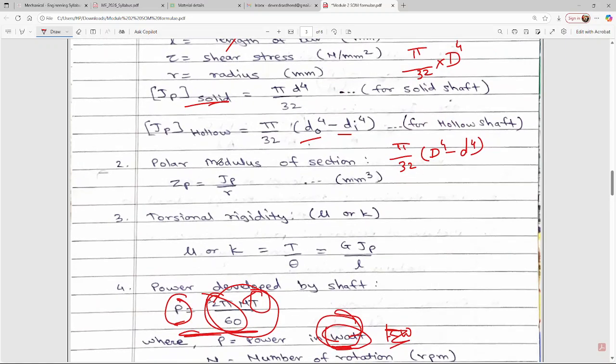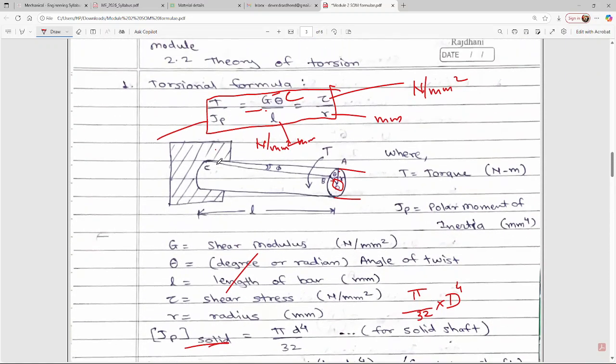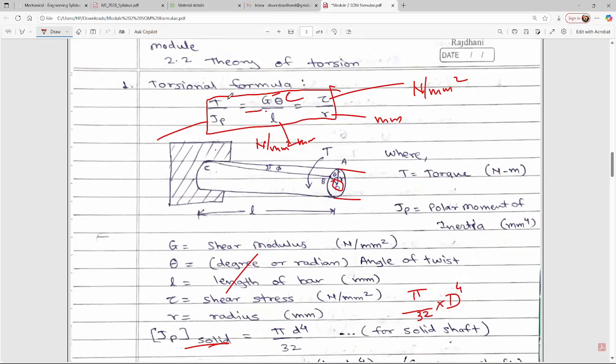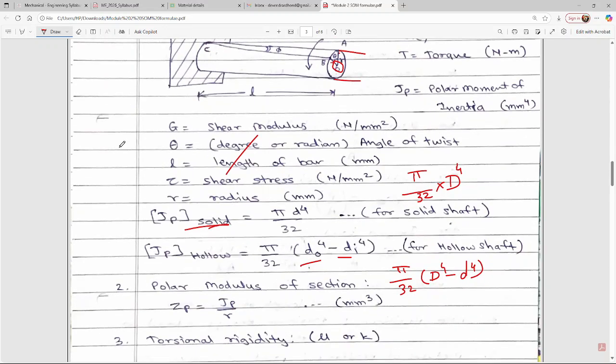Then after that, you find T. In here, you have to take T in Newton mm. Keep that in mind. If you are taking everything in mm, then Jp has a formula where you are using D. What is D?